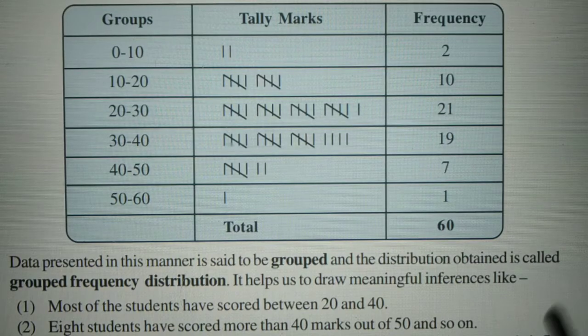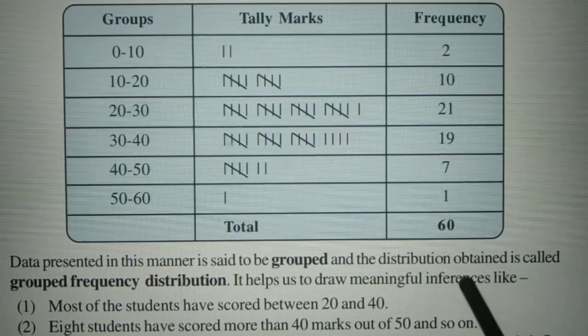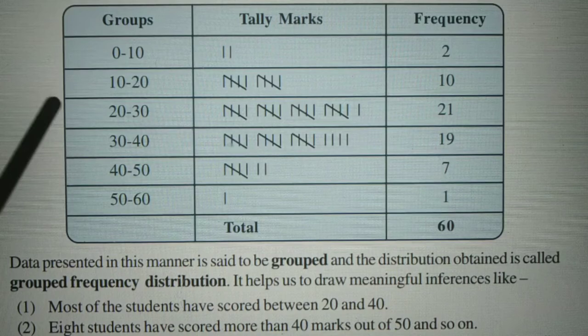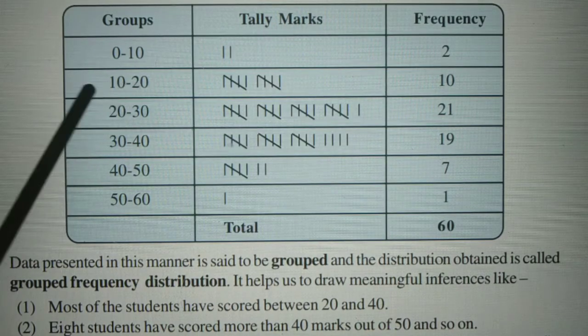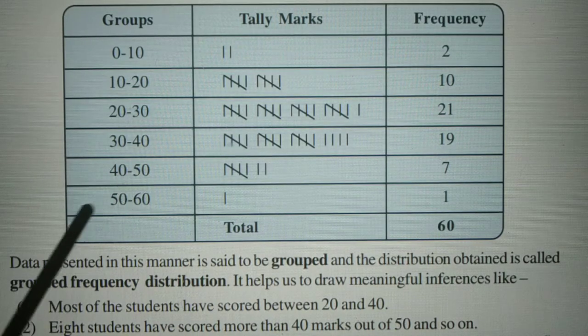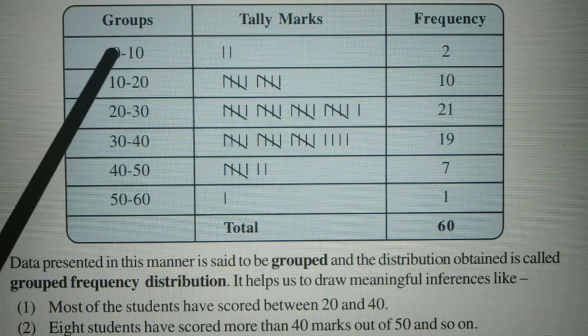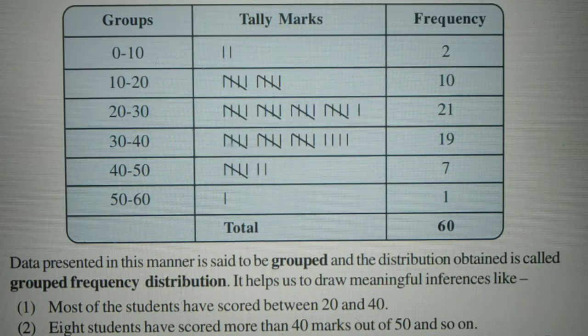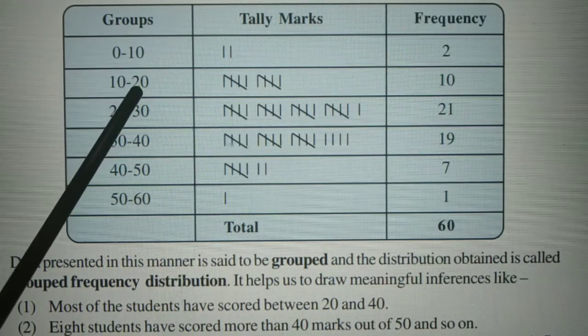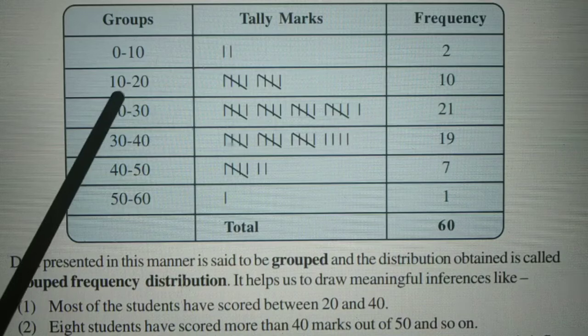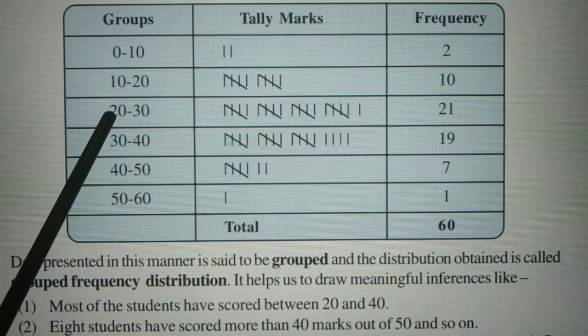One more thing you must understand for this table, students. There is an equal gap between the groups. You can see the ranges are equal, 0 to 10. What is the width of this interval? 10. Again 10 to 20, 10 is the gap between 20 and 10. 20 to 30.